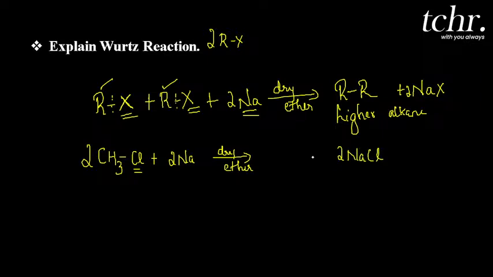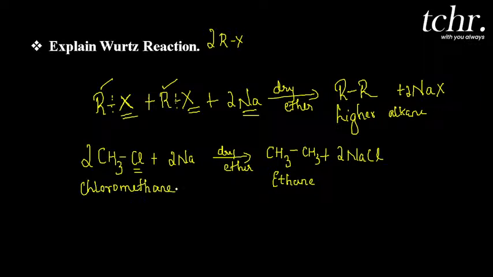See, the equation is thoroughly balanced, and two molecules of CH3 form a bond within itself, and it will give you what? Observe, what is this compound, students? Yes, it is ethane. So, what is the reactant you had taken? You had taken chloromethane, but what is the product you are getting? You are getting ethane. That means always in the Wood's reaction, you will be getting the higher alkane, students.